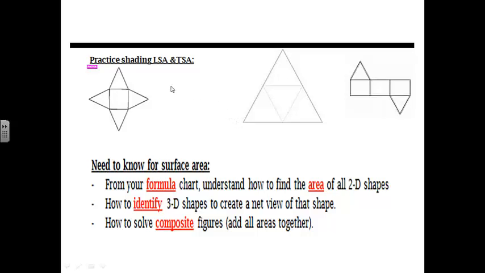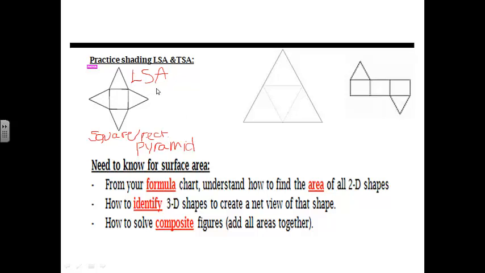Okay, so let's practice shading. Let's shade just the lateral surface area of this shape, and think about what this shape is. Good. It's a square or rectangular pyramid. It has one rectangular or square base, and it has 4 triangular faces.